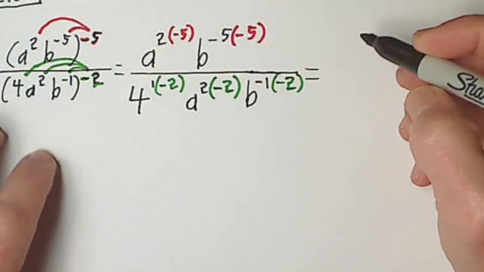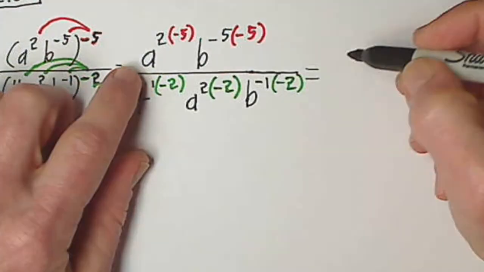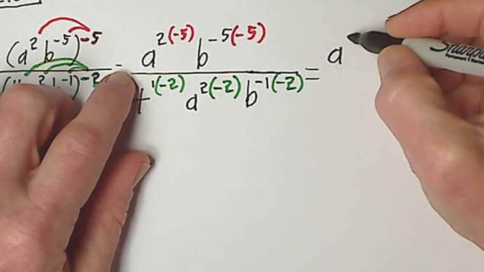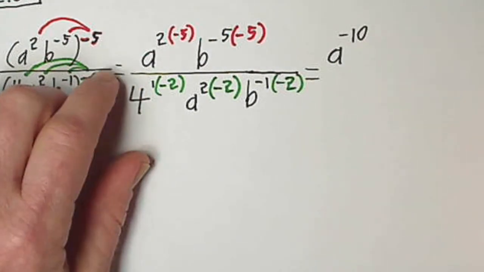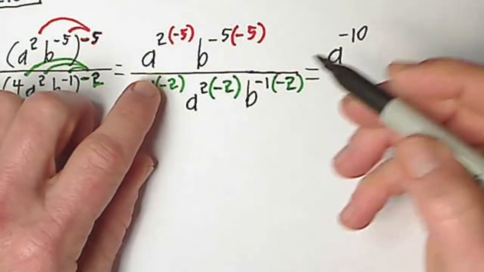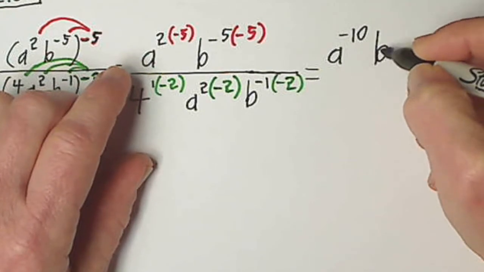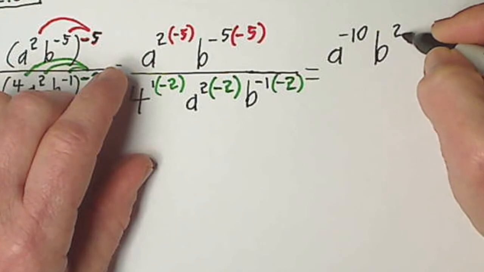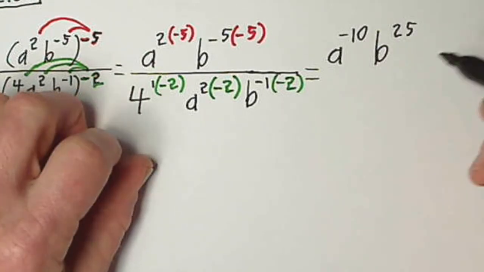Keep that line all the way. So a, 2 times negative 5 is negative 10. B, negative 5 times negative 5 is positive 25.